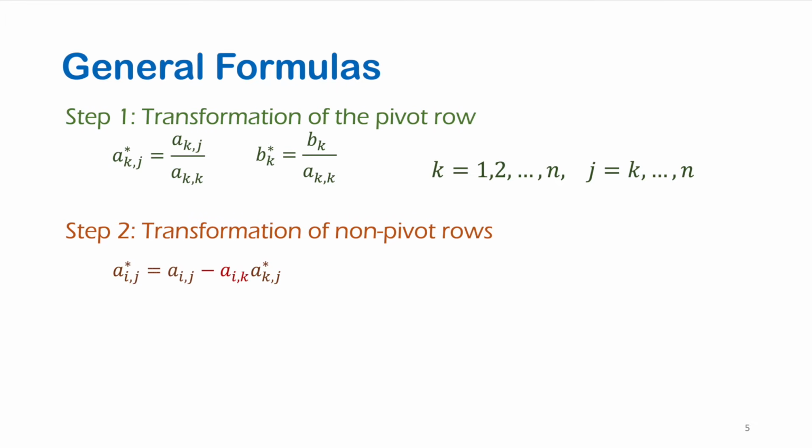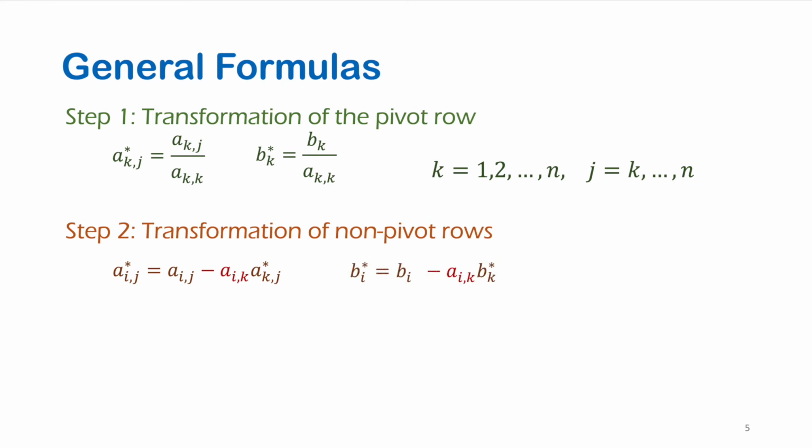So the transformation of any element aij will equal the old value of aij minus the factor, which is aik, which refers to the corresponding element on the pivot column for that row, multiplied by the new value of akj on the pivot row.